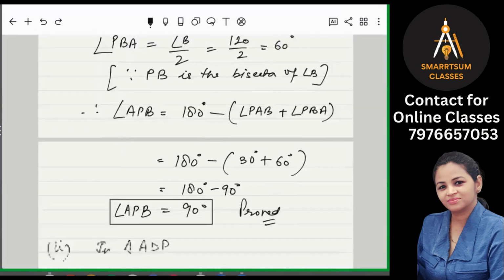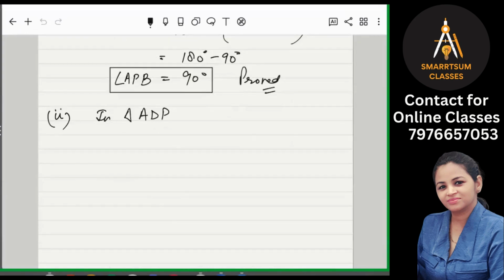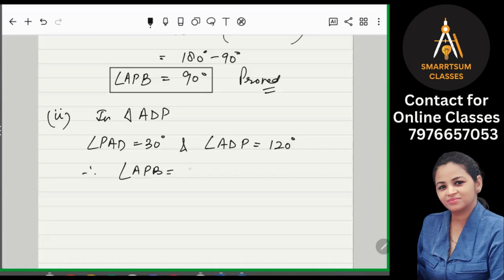Now, in triangle ADP, angle PAD is equal to 30 degree and angle ADP is equal to 120 degree, right? This we have already found out. So therefore, angle APD will be equal to 180 minus 30 plus 120, which is 30 degree, right? Therefore, angle PAD is equal to angle APD.